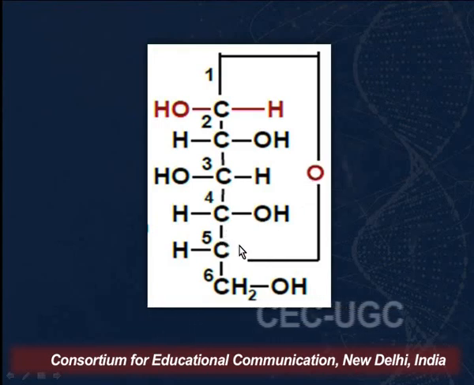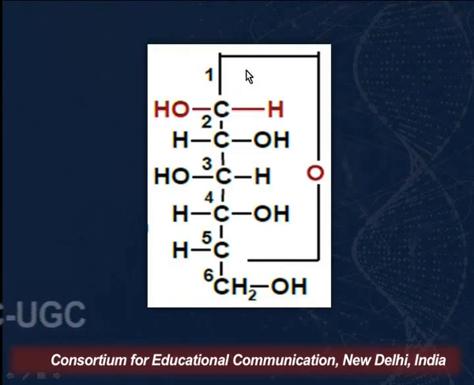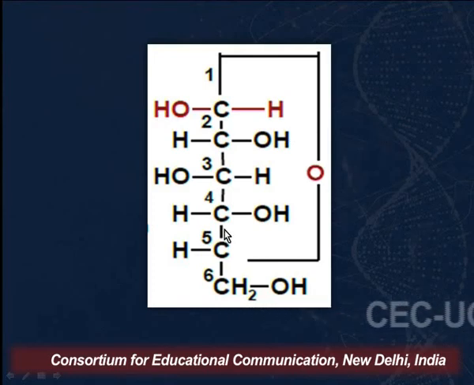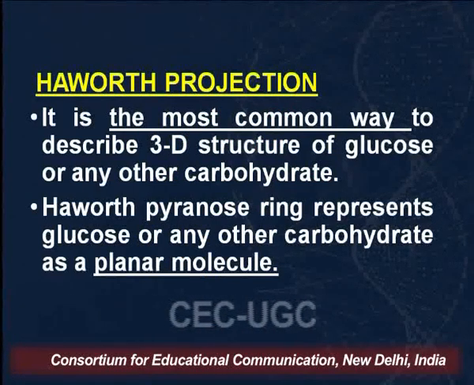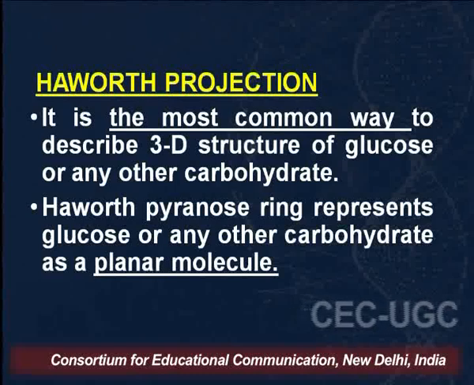It has just been shown that this ether linkage is formed between these two carbons. So that means the Fischer's projection is not a correct representation for the formation of the cyclic structure. That is, we cannot represent it very accurately.